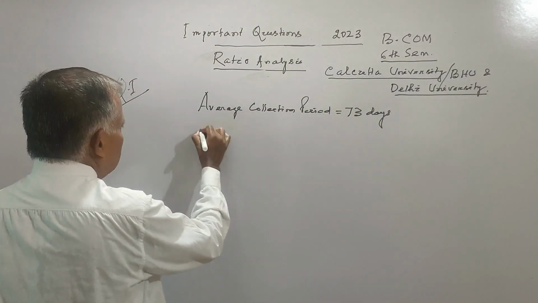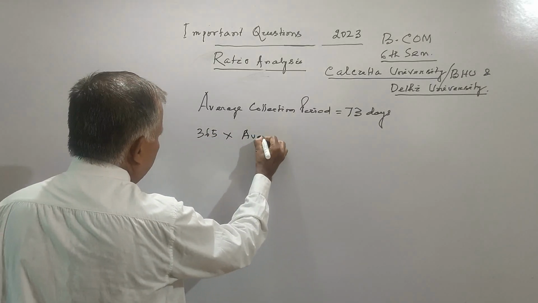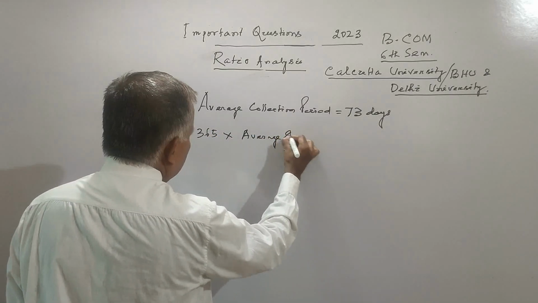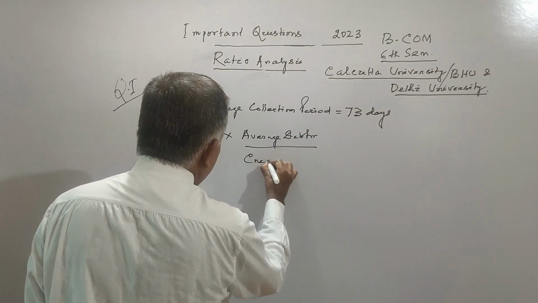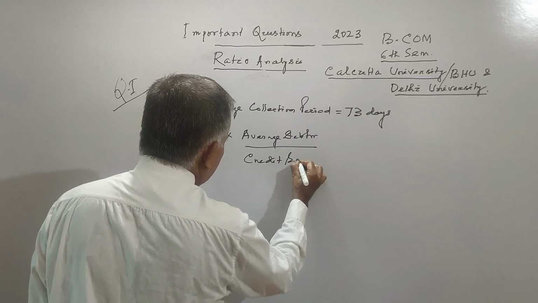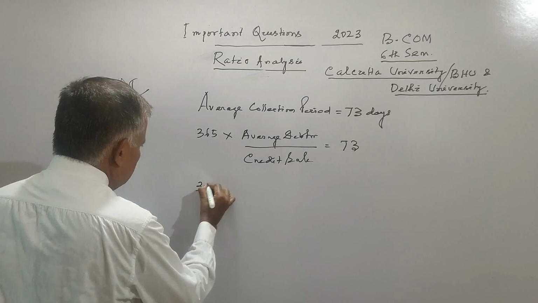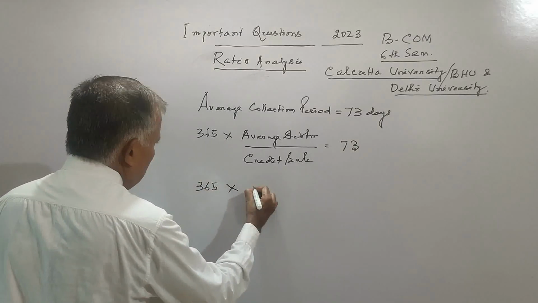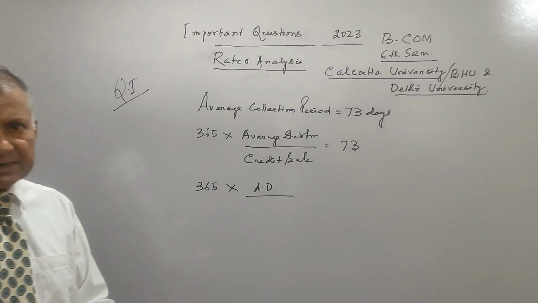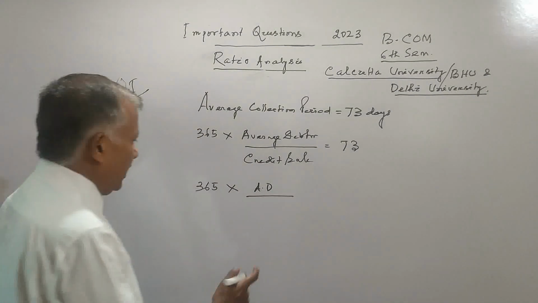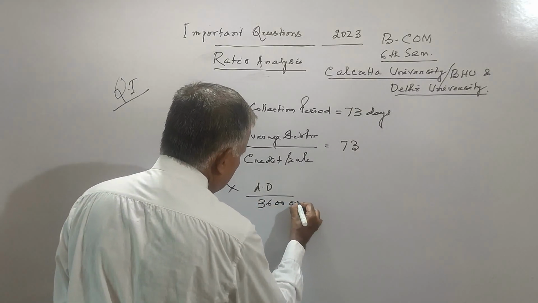So average collection period is 365 into average debtor divided by credit sale, which is 73 days. Here cash sale is not given, so we assume that total sale is a credit sale.